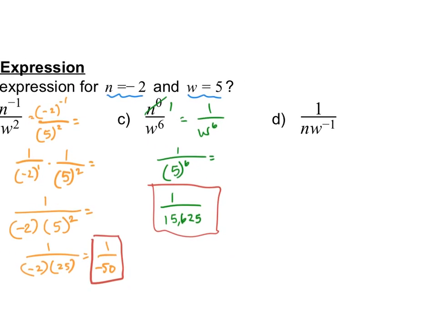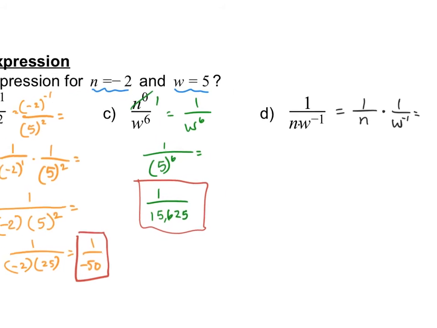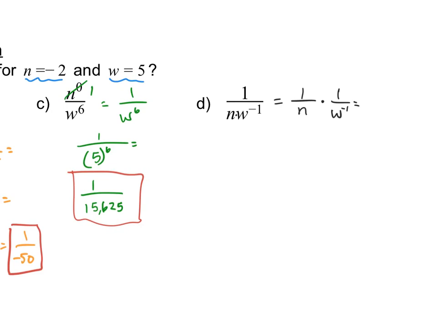And then finally, this last expression. So simplify. Let's see. I'm going to break this up. And we know that there is multiplication going on here. So it's going to be 1 over n times 1 over w to the negative 1. And simplifying, I know if I'm going to go with a positive exponent, I could say, hey, I got 1 over n times w to the first over 1.